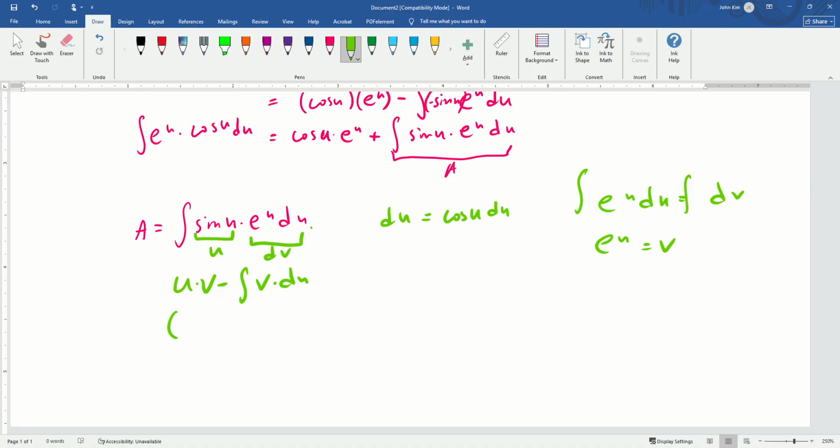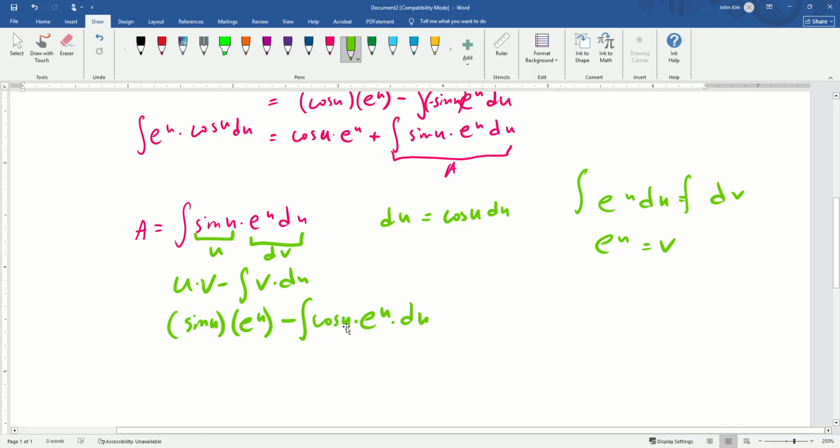So this part becomes u times v minus integral of v times du. U is sine of u. What's v? E to the u, minus integral of v, which is e to the u, and then du was cosine u du. Notice that I put the cosine of u in front of the e to the u.